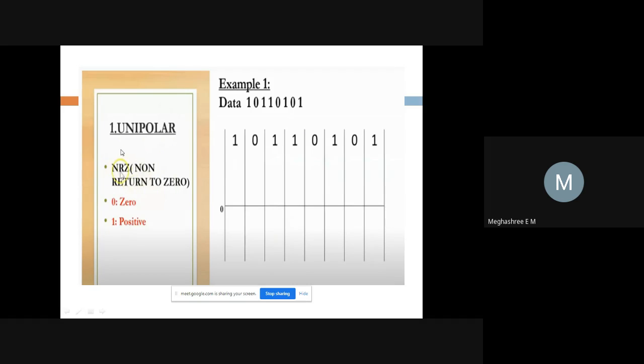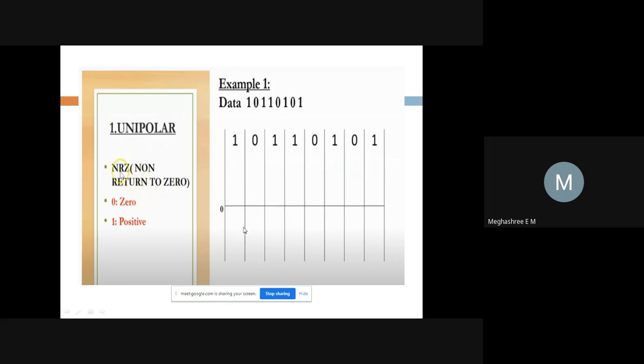In unipolar, this digital data has to be converted into a digital signal. Now, what are the rules to be followed here? Whatever bits or data are given here have to be presented either above the zero axis, I mean the x-axis, or on the other side of the x-axis, either the positive side or the negative side.